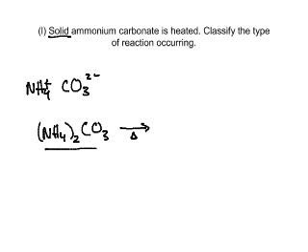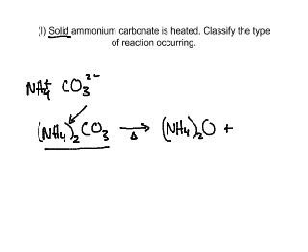Now here we have a salt that contains oxygen. This is kind of the opposite of a metal oxide and a non-metal oxide, so you're going to make a metal oxide and a non-metal oxide, although ammonium is not a metal, but you can make (NH4)2O plus carbon dioxide. Now, this is a little bit of a strange thing. I'm not sure I totally agree with the key that I have in front of me.